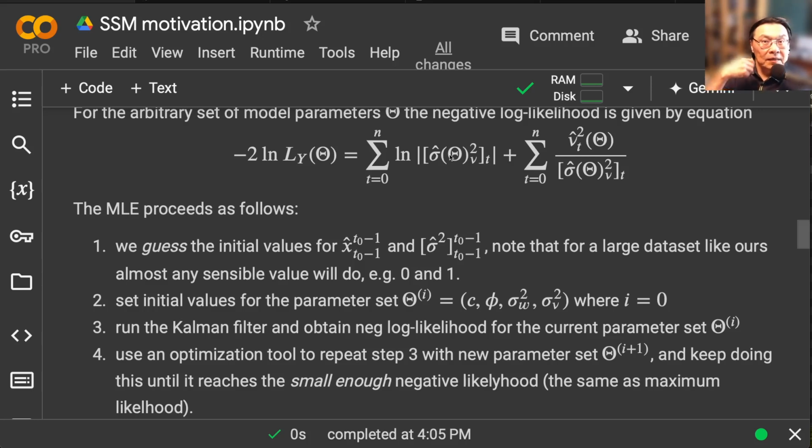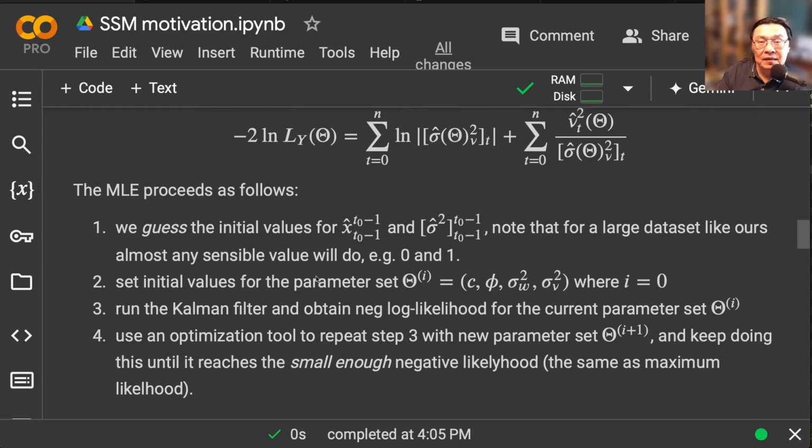And then we'll keep trying new sets of parameters until we reach the minimum of the negative log likelihood. And that would be the optimal set of parameters. So I described it here, but it's basically similar to any maximum likelihood estimation examples you have seen before, right? So once you have a likelihood function and you have parameters, you just try different sets of parameters to get this likelihood maximized or negative log likelihood minimized.